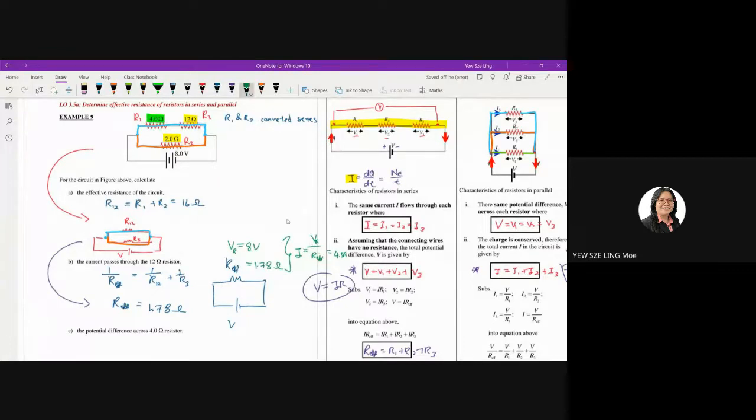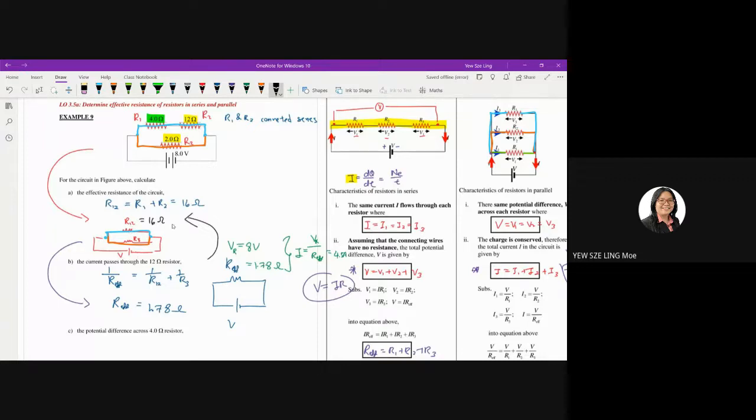What I'm going to do next is reverse the circuit. Reverse back. So from R effective, if I reverse back to R12 and R3, what is the information that I have? I have R12 equal to 16 ohm.